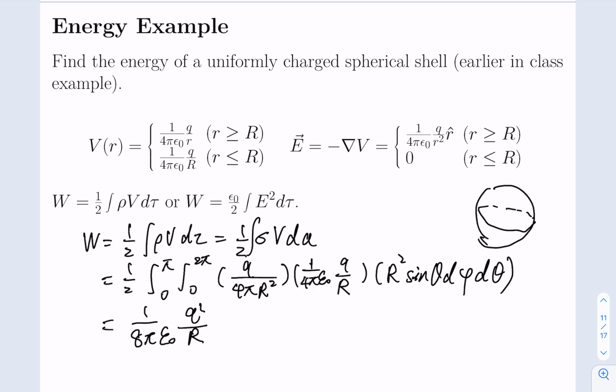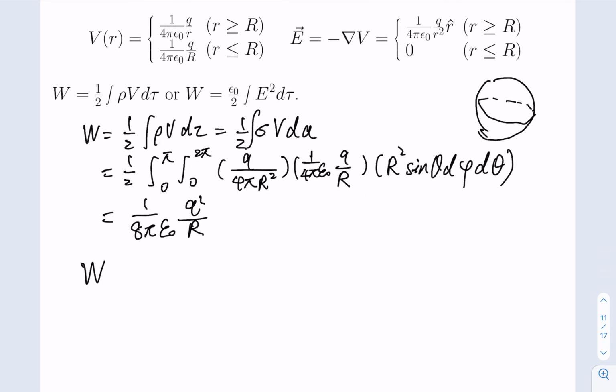And similarly, for the second method, we integrate the E field across all the space.